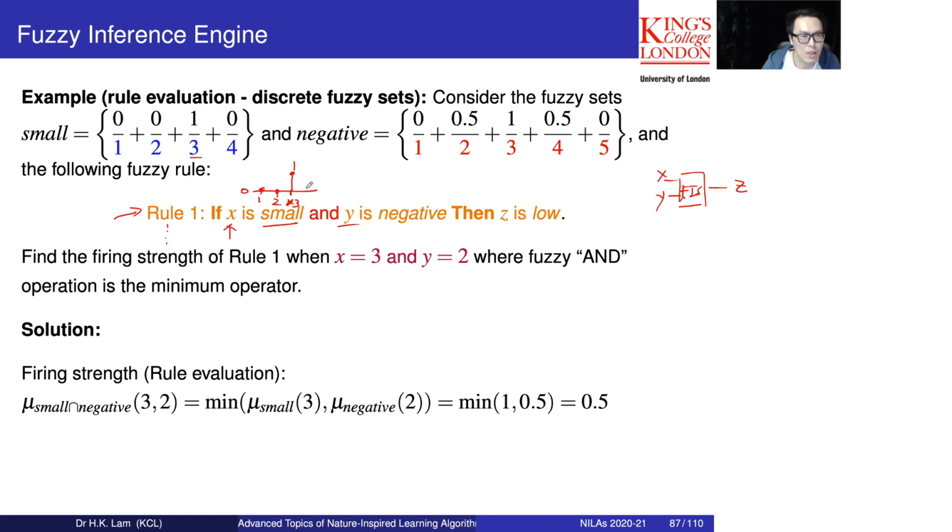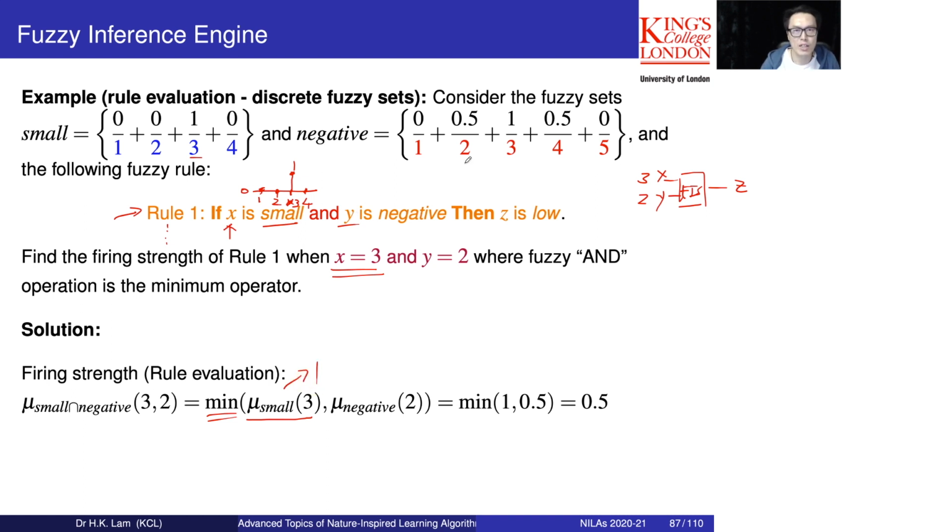And then 4, again, it is 0. So when we consider x as 3 as the input, and y as 2 as the other input, we talk about mu small. Because we use an operator, we choose the minimum. So mu small, according to this membership function, gives you 1.